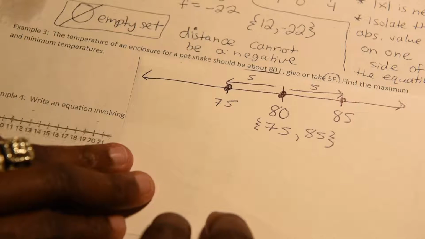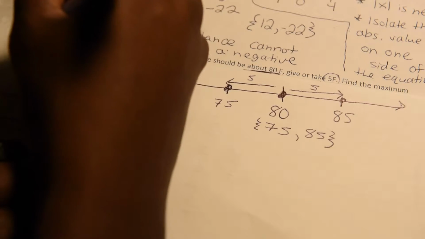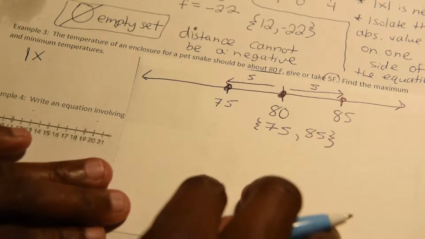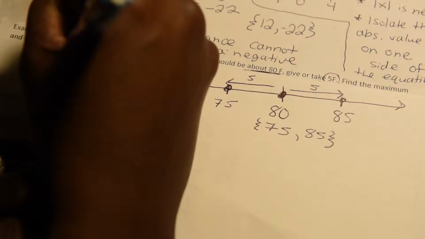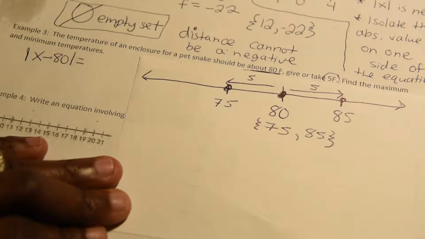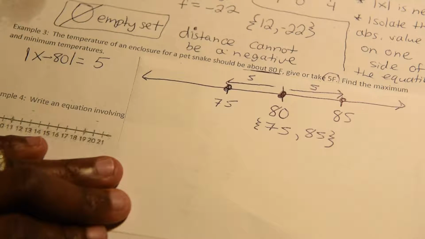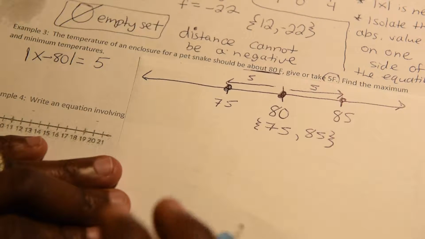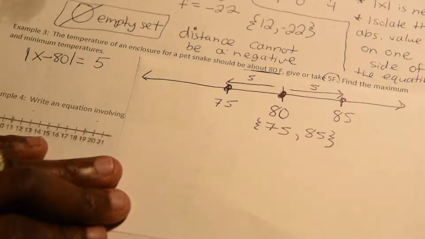So when we write our equation, it's going to say the absolute value, because remember we're talking about distance, of x minus 80 is equal to 5 degrees. Everybody got it? So it said give or take 5 degrees. So that's my first equation. What will my second equation be?